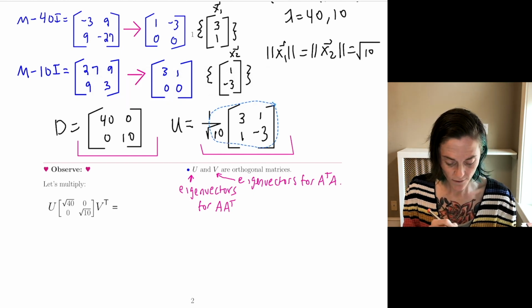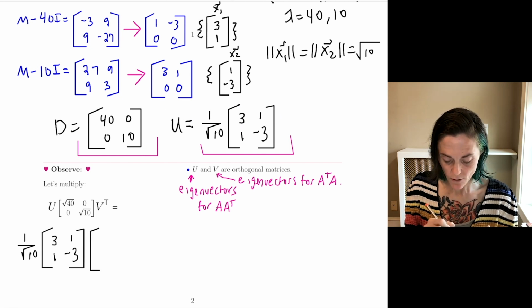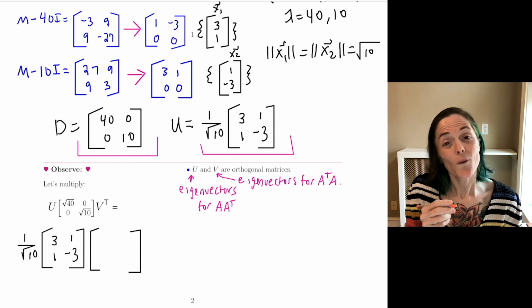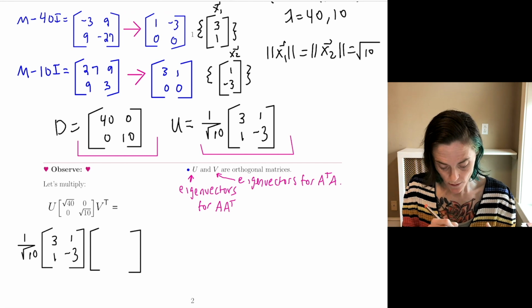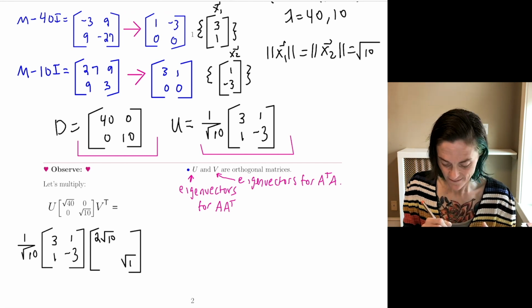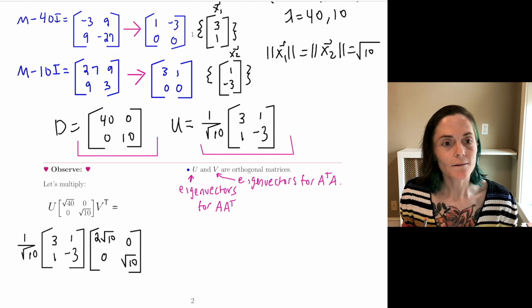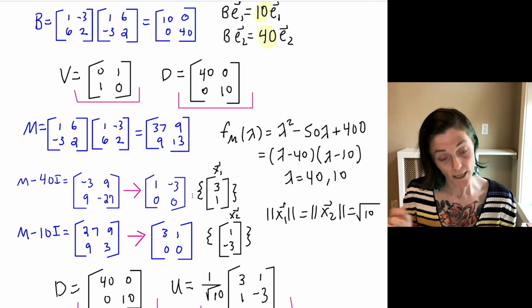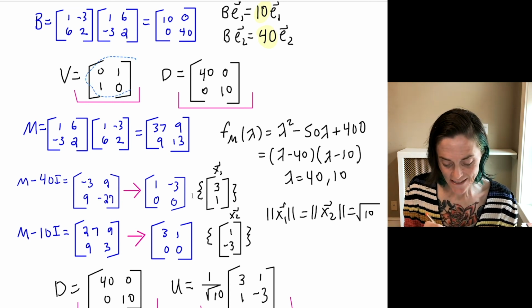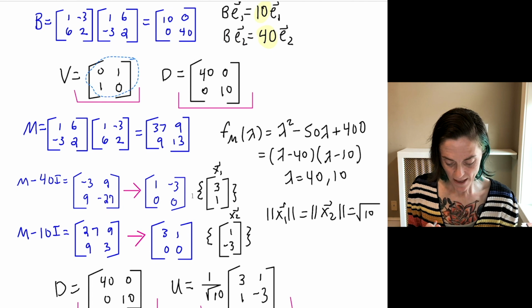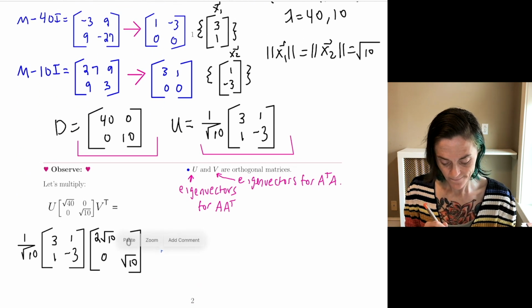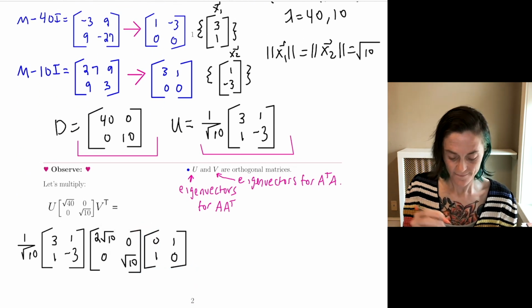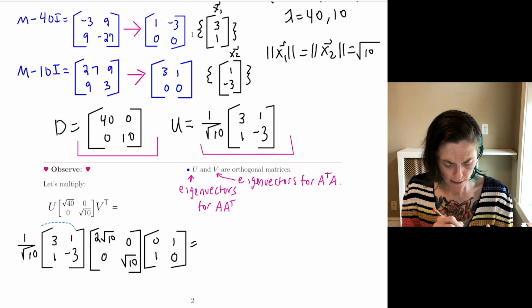Here's matrix U. You notice we can write 40 as 2 square root 10. V transpose, well, let's look at V. V is symmetric in this case. So V transpose is V. But let's copy and paste. I have a product of 3 matrices.